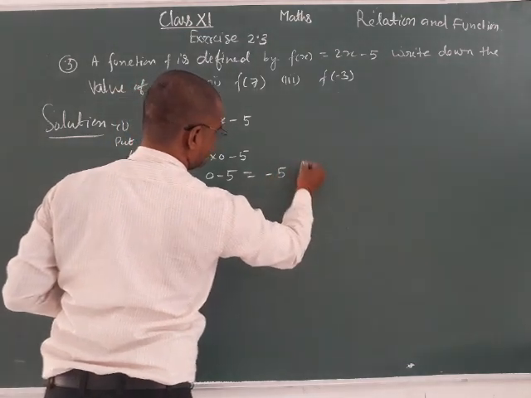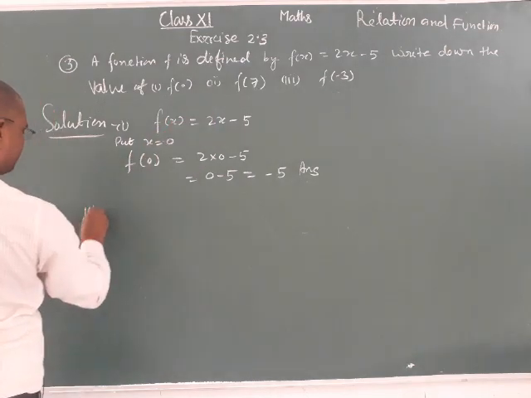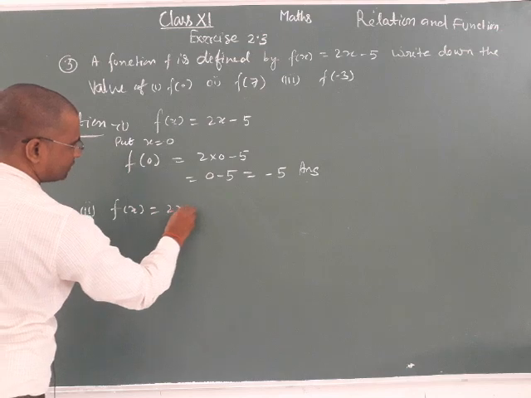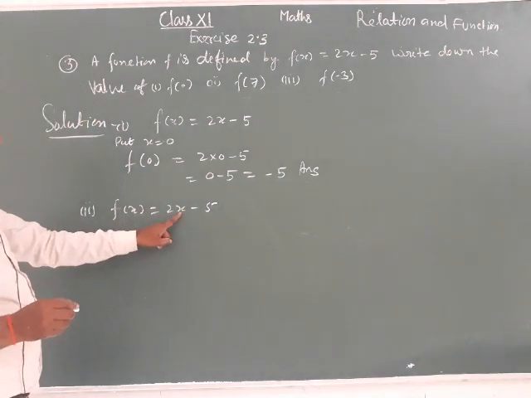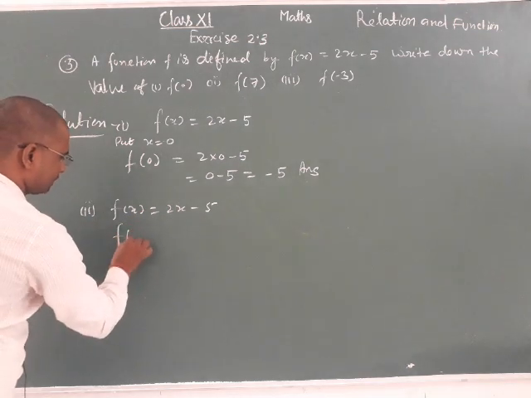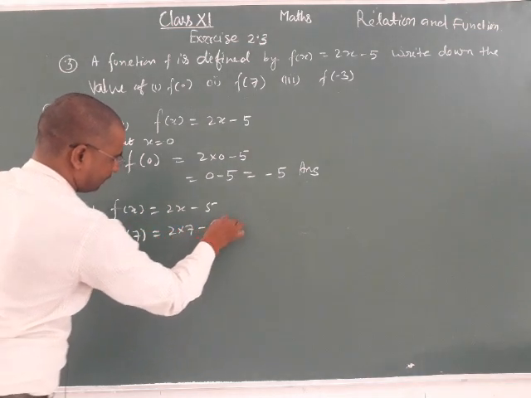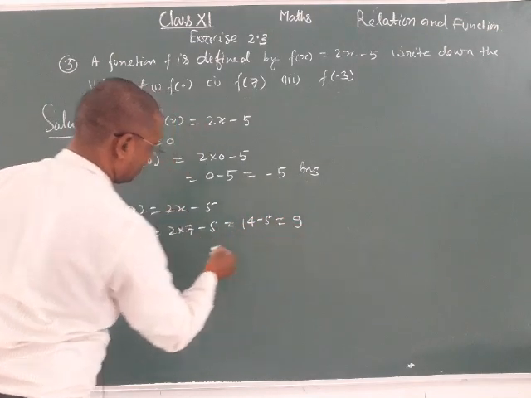This is the first answer. Second part, f(7) is equal to 2 into 7 minus 5, 14 minus 5, 9.